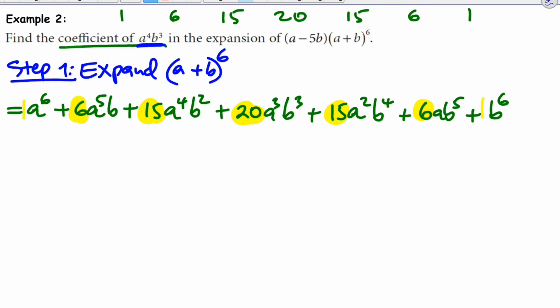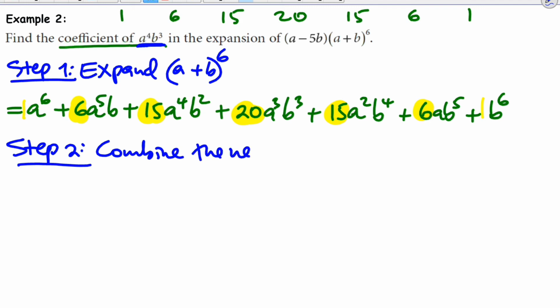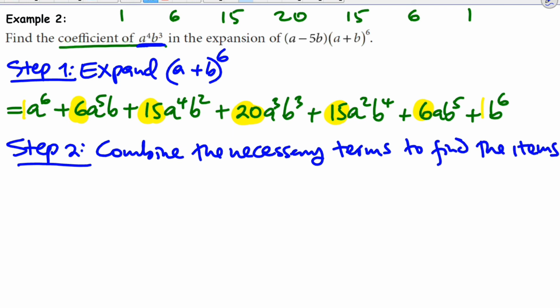So what we'll do in step 2 is combine the necessary terms to find the items with a to power 4, b to power 3.